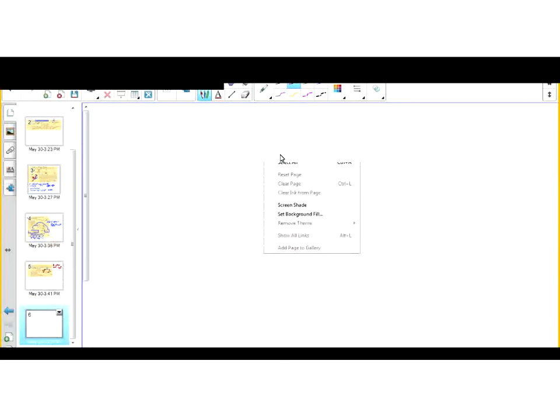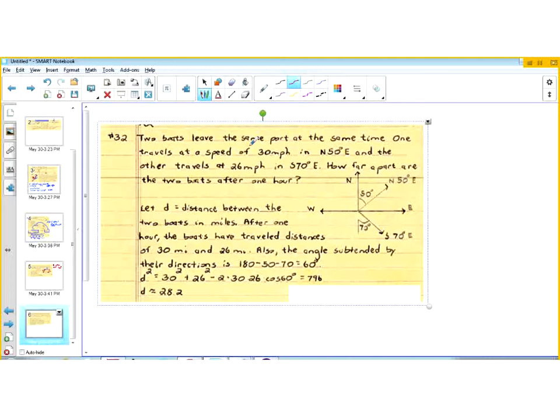Wait 1 second while I copy it. Okay, so in this problem, 2 boats leave the same port at the same time.